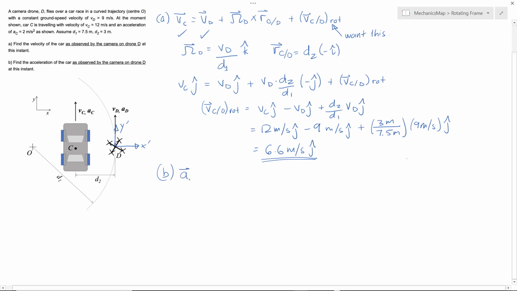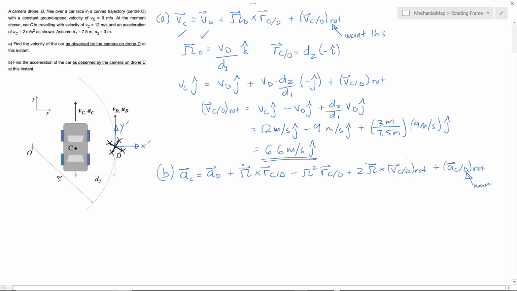We're told the acceleration of the car equals the acceleration of the drone plus big omega dot cross RCD minus big omega squared RC with respect to D plus 2 big omega cross VC with respect to D in the rotating frame plus AC with respect to D in the rotating frame.